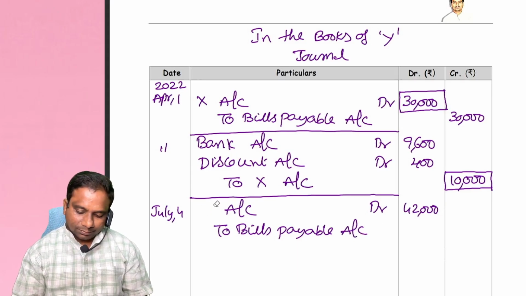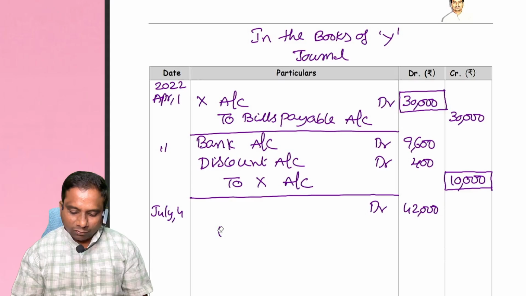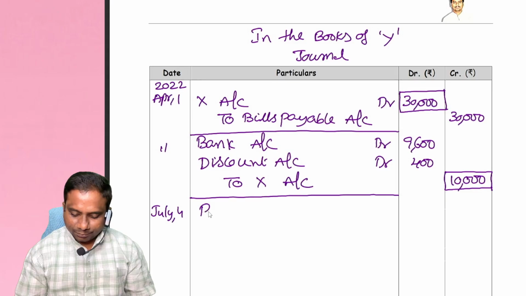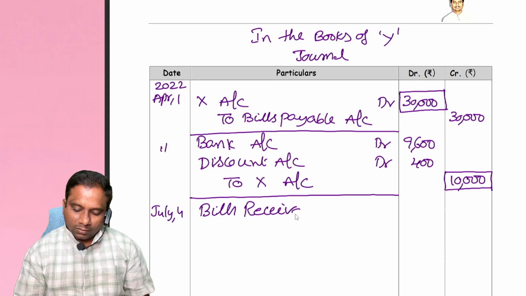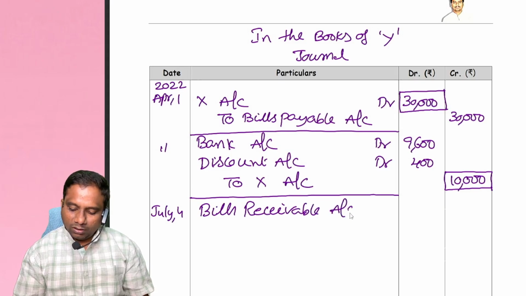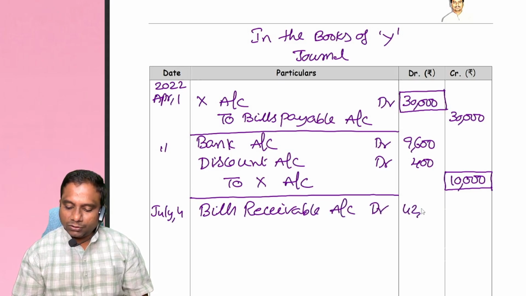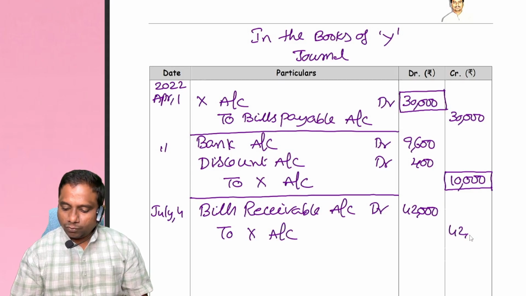Just a minute. We are in Y's books now. So bills receivable account debit, for how much? 42,000. Who is the giver? X. So to X account 42,000.